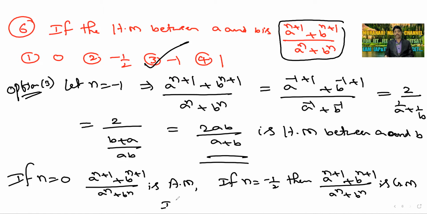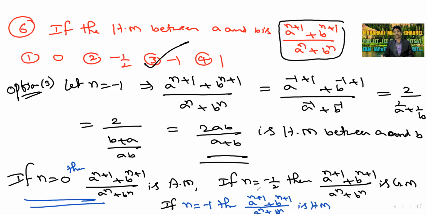If n is equal to minus 1, then it is the harmonic mean. Okay. These 3 points are most important.